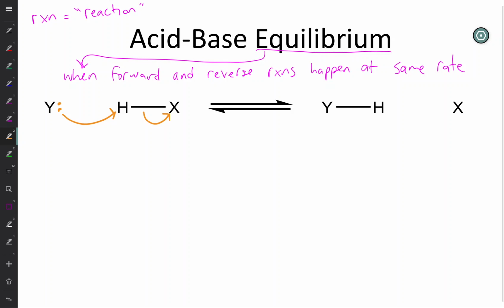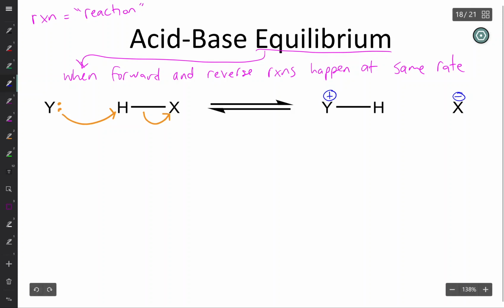I make these products, although I left something out of the products. What did I leave out? Formal charges. Yes, there are formal charges missing. If Y started out neutral, it would end up positive. If X started out neutral, it would end up negative. We also could have started with Y negative and X positive, or Y negative and X neutral. The formal charges could be different in any given situation.